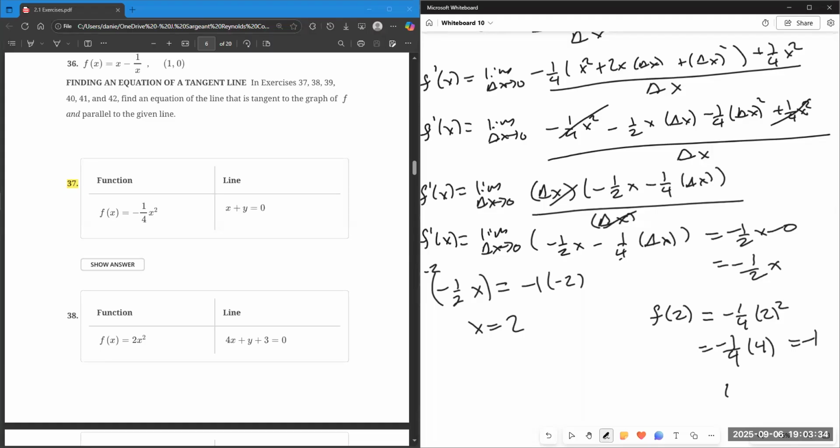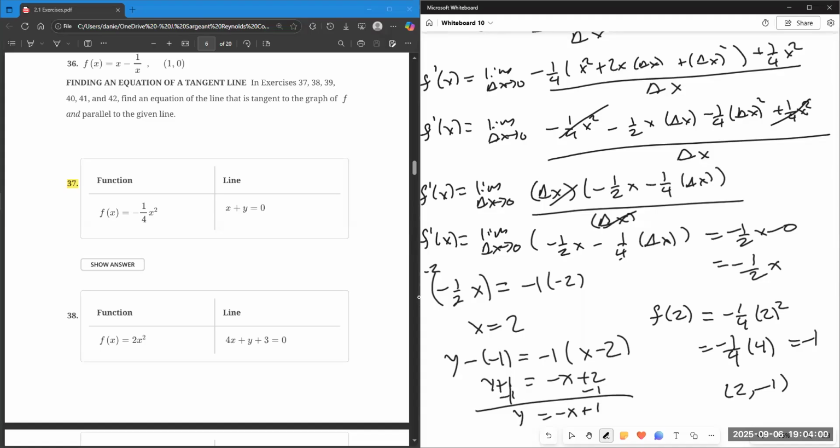So I have the point (2, negative 1) on the graph. Y minus negative 1 is equal to m, which was negative 1, times (x minus 2). So y plus 1 equals negative x plus 2. Subtract 1 from both sides, and my tangent line is y equals negative x plus 1.